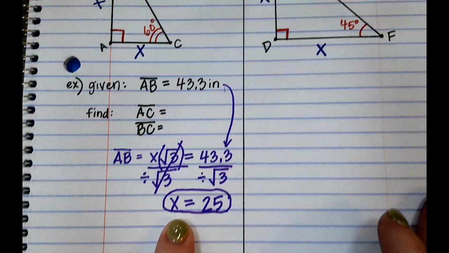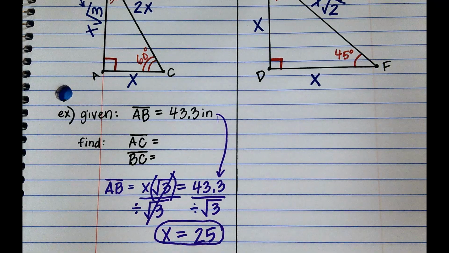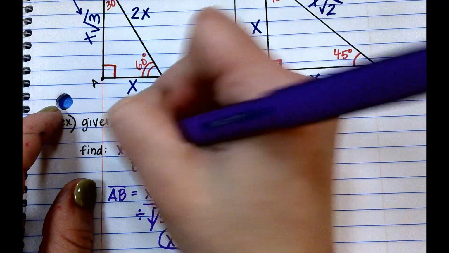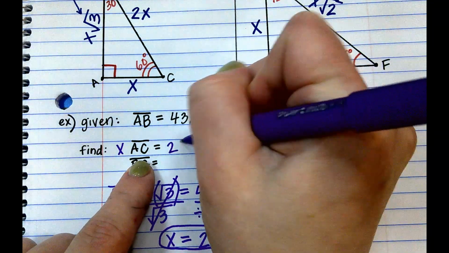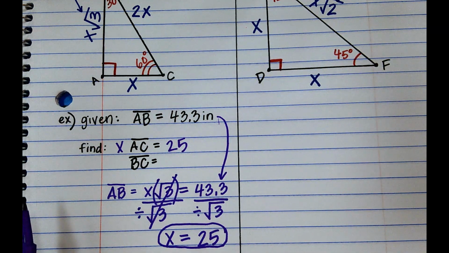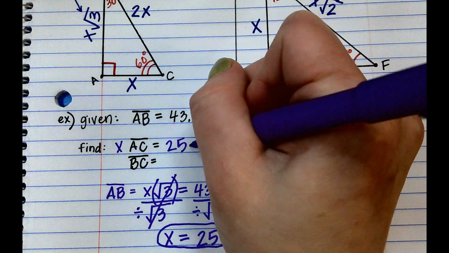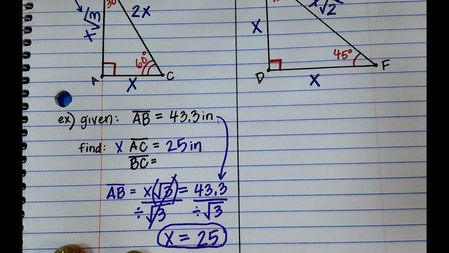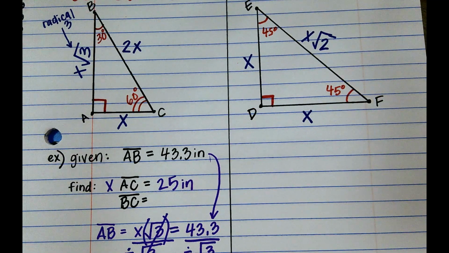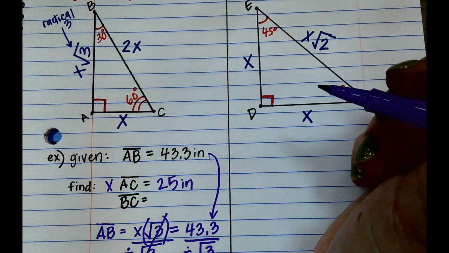So if x is 25, what else do I know? AC is 25. Yes, A to C is 25 because that's x. We won't have to do anything extra for that, it's just x by itself. We'll just write inches, 25 inches. Now that I know what x is, and I know what AC is, can I use that to find BC?